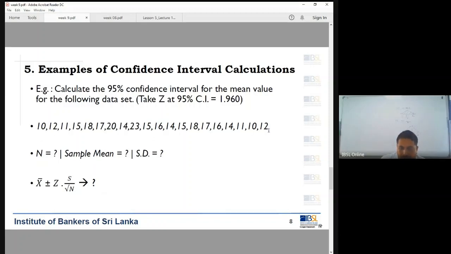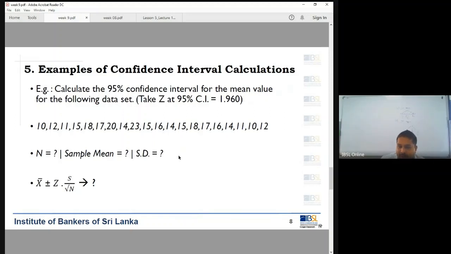Take the summation, divide by the number of items. And what is the standard deviation? Again, you have to do the computation: each value minus the mean that you are calculating here, divide by n, take the root. So in this form also, you could be given a question to compute the values.